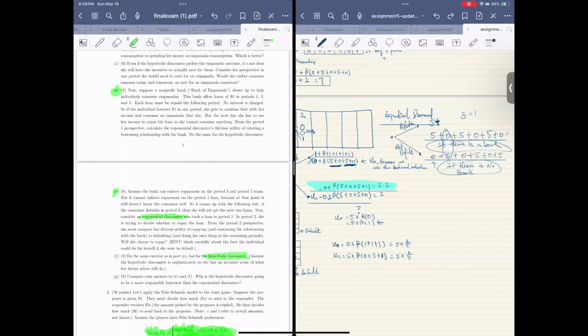So if they choose to consume, never mind, they'll have 1 extra utility.